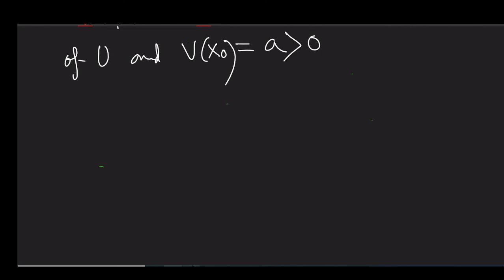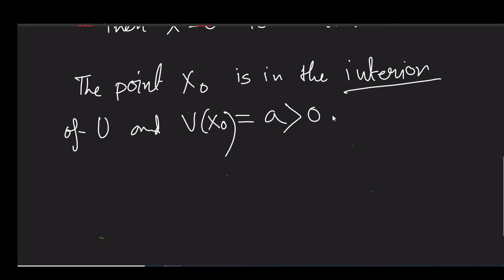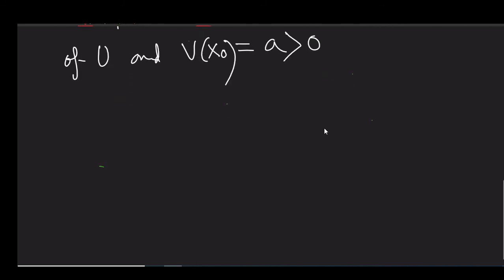Now what you can do here is that the point x naught is in the interior of U, and V(x naught) is equal to a greater than 0.